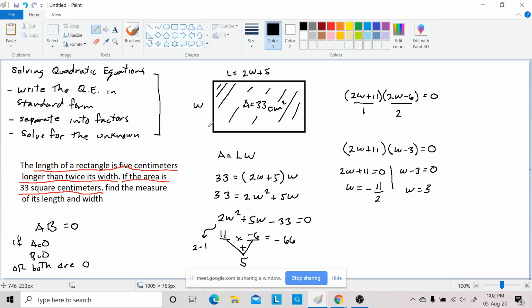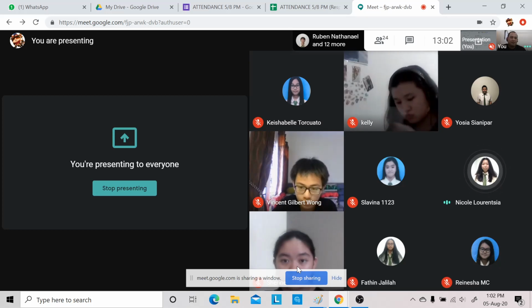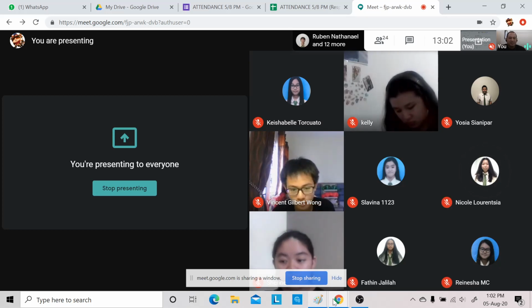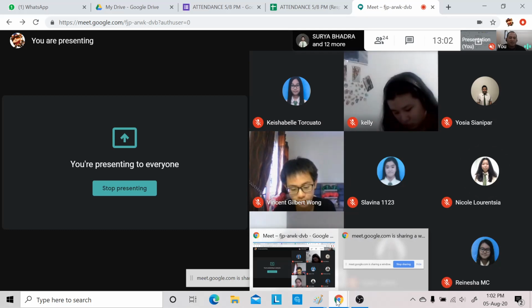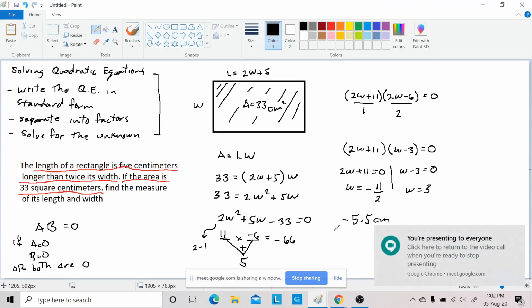If I give you a ruler and ask you, can you please show me negative 5.5 centimeters? Can someone show me how to measure negative 5.5 centimeters? Cannot, teacher. Cannot, right?